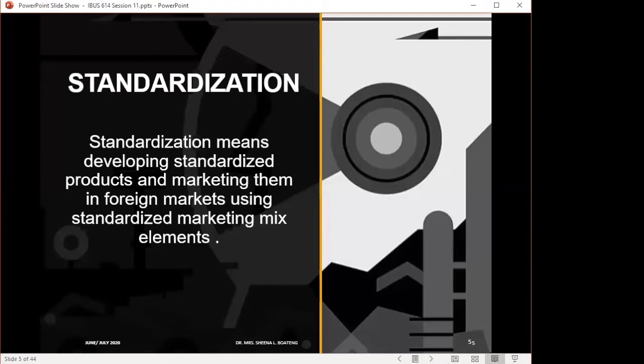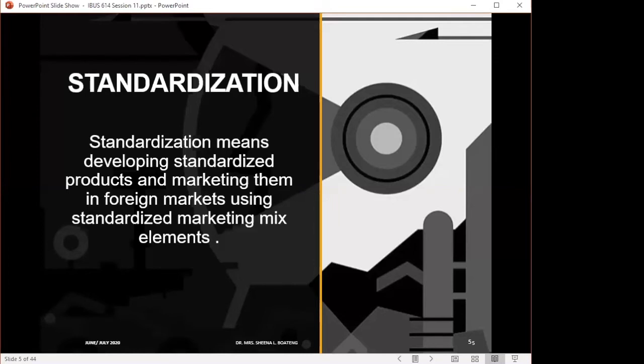Now, when we talk about standardization, it basically means the global marketer develops a standardized product and markets it to customers in foreign markets using a standardized marketing mix.